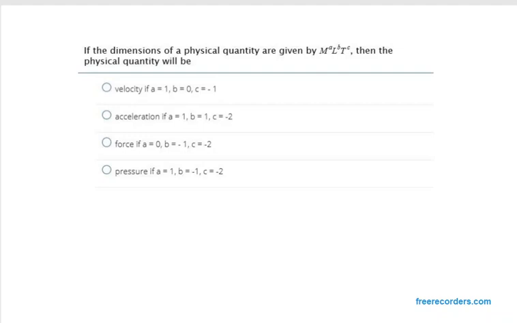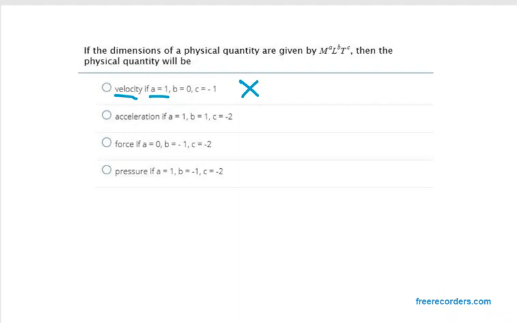So the first one is velocity, and it says a is 1, and if you see, velocity is actually never related to mass, so a can't be 1, so the first one is neglected. Now let's see the second option. It says acceleration. If a is 1, b is 1, c is minus 2.